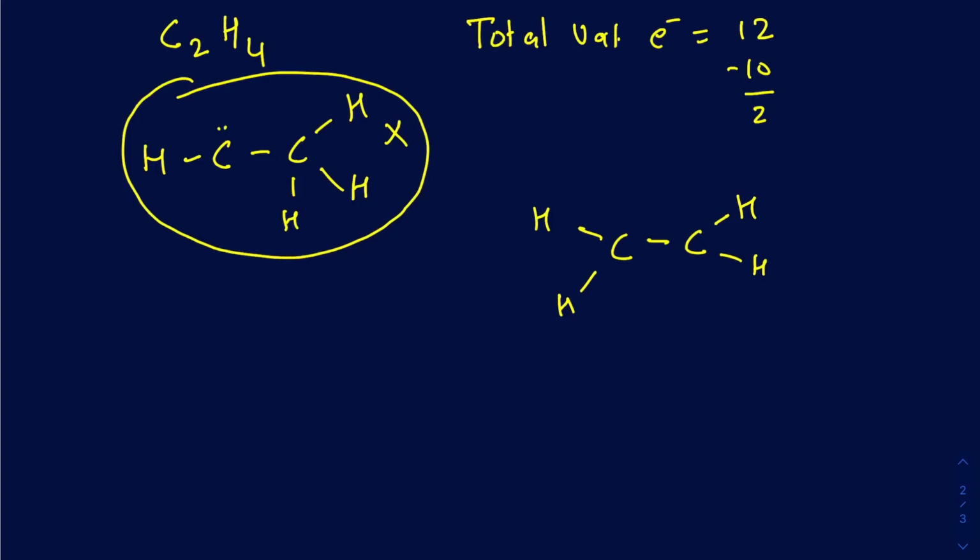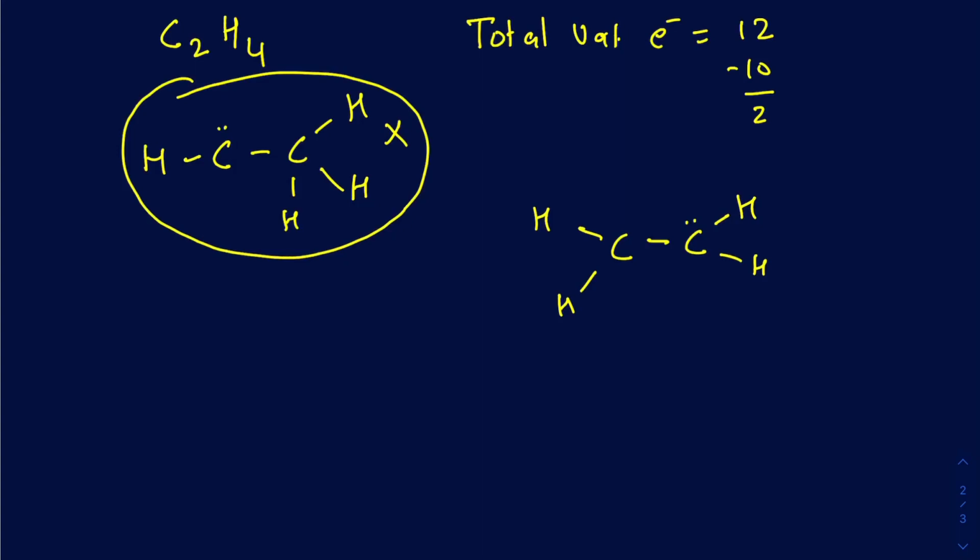So then when you count all those electrons, you're still going to have 2 electrons remaining out of the total valence electrons. That means I can have that 1 lone pair on one of the carbon atoms. And right now, I can see the right carbon has the octet completed, but this left carbon does not have the octet completed.